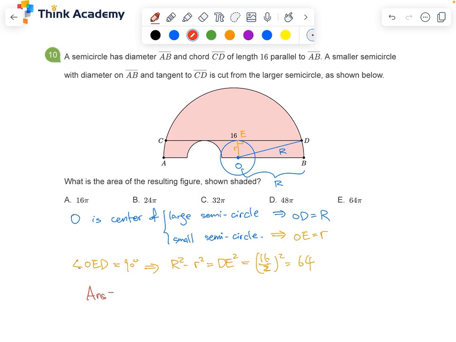So then I have the answer, which is the shaded area is a half pi R squared, which is the area of the large semicircle, minus a half pi r squared, which is the area of the small semicircle, which is just a half pi times (R squared minus r squared), and I know it's 64, so the final answer is just 32 pi, which gives the answer as C.